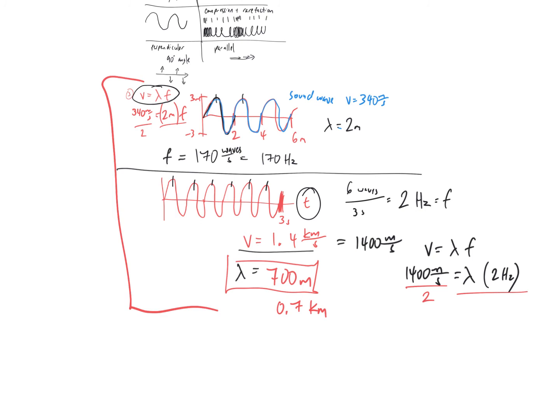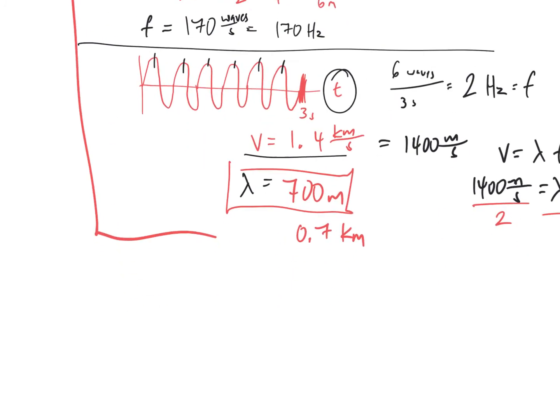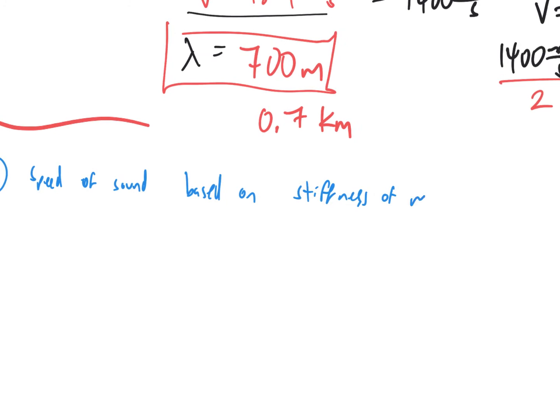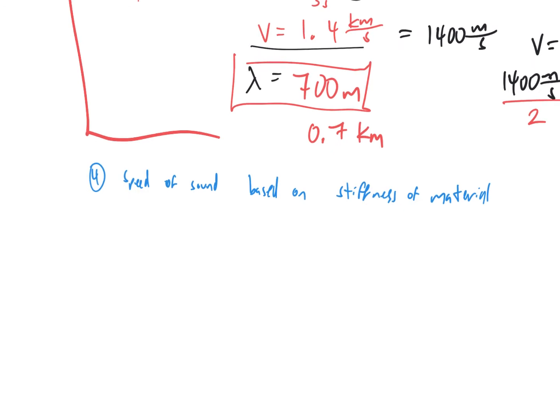Other factors that we're going to take a look at: speed of sound. The speed of sound is based on the stiffness of the material that it's going through. So that means it will be fastest in rigid solids and slowest in gases.